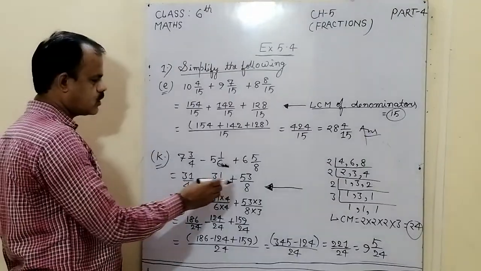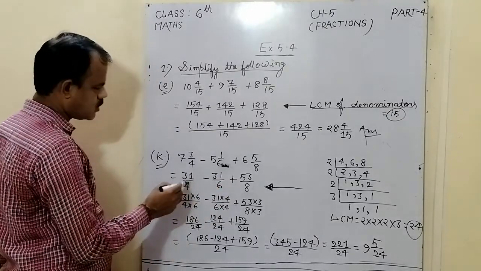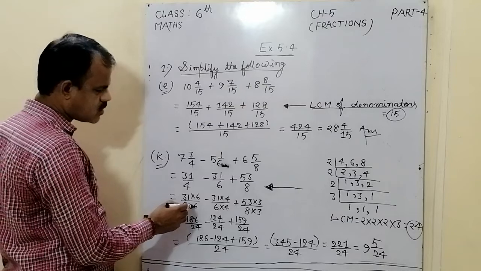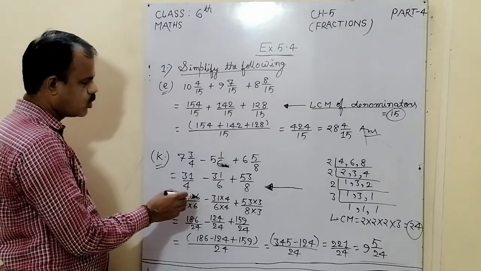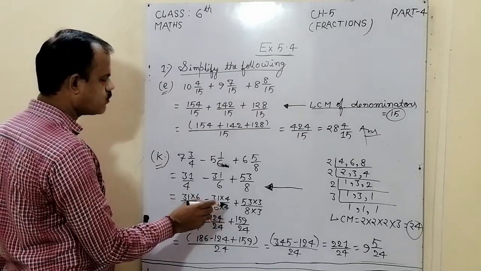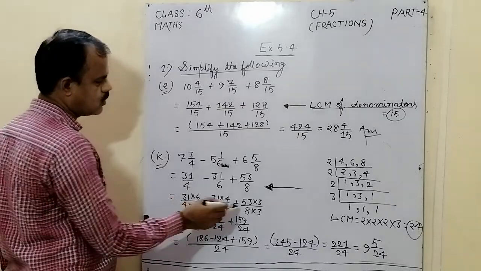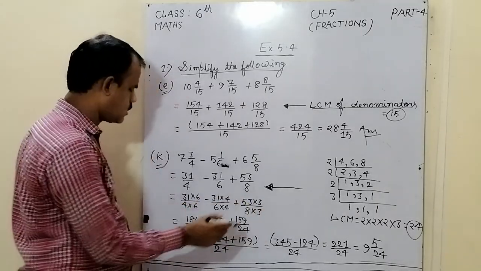We have to convert all these denominators into 24. First, 31 by 4: 4 sixes are 24, so we multiply 6 to both numerator and denominator. 31 by 6: 6 fours are 24, so multiply by 4. 53 by 8: 8 threes are 24, so multiply by 3.